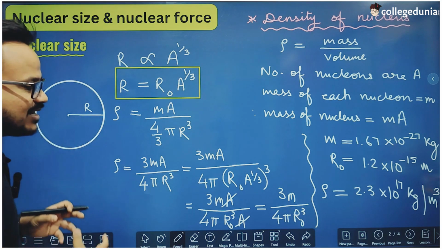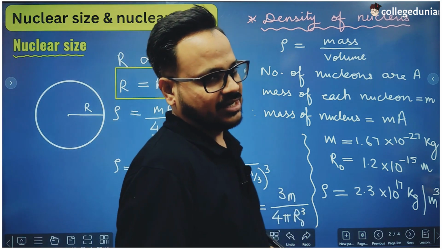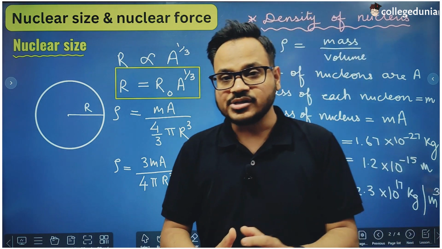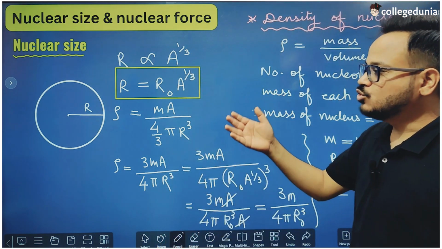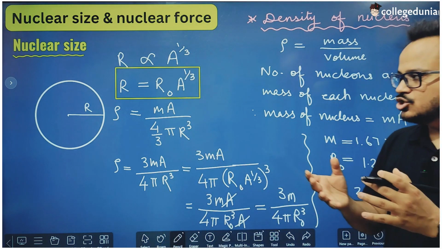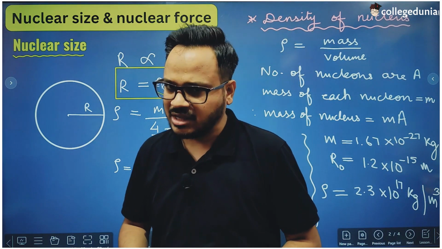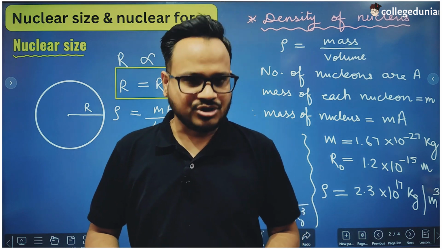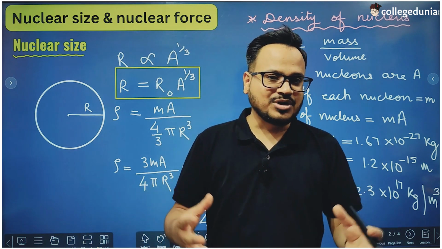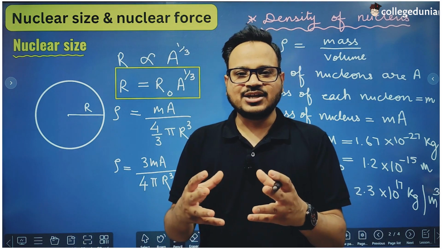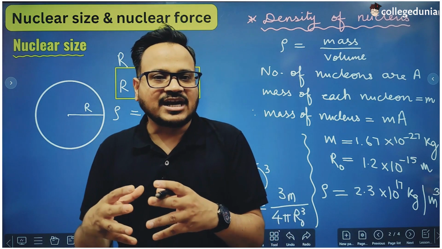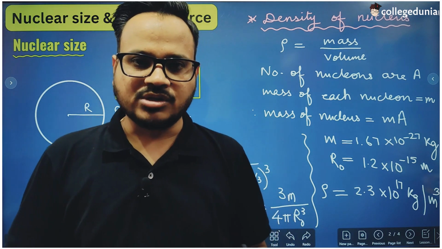In the nucleus, particles are packed very tightly, which is amazing because the nucleus is made up of neutrons and protons. Since neutrons are neutral, they do not exert electrostatic forces on other particles, and protons are positively charged, so they should repel each other. So there should not be any kind of attractive force between the nucleons.